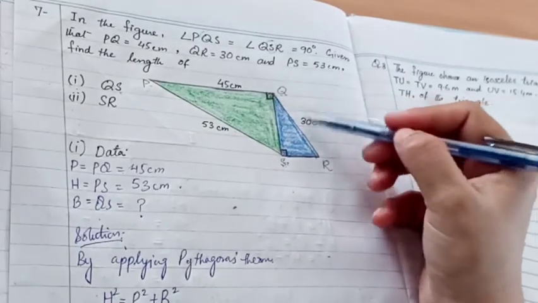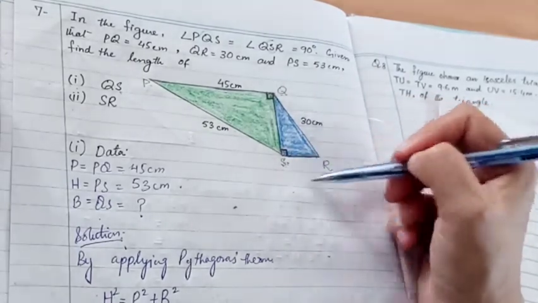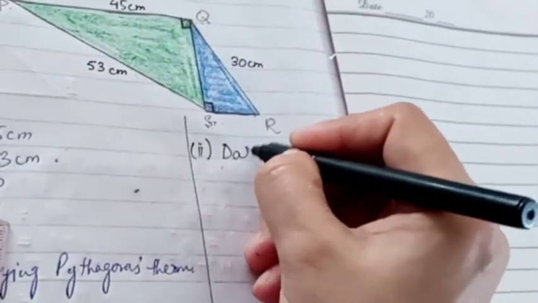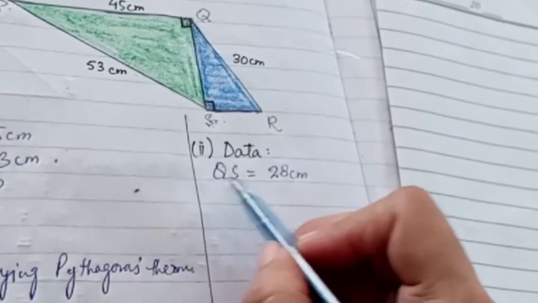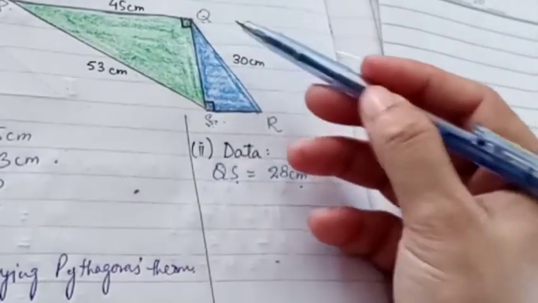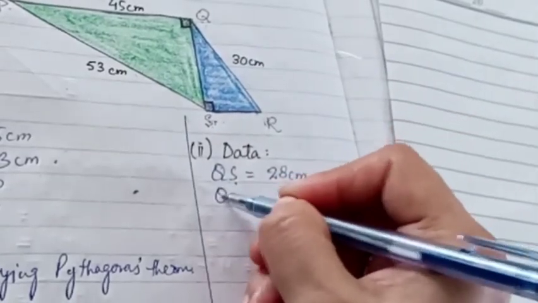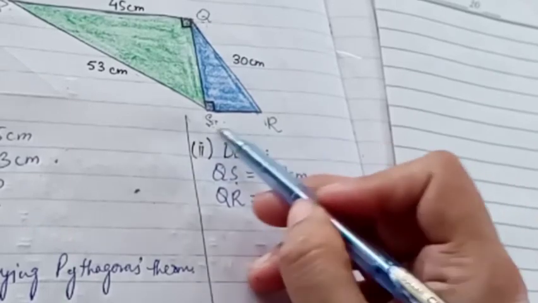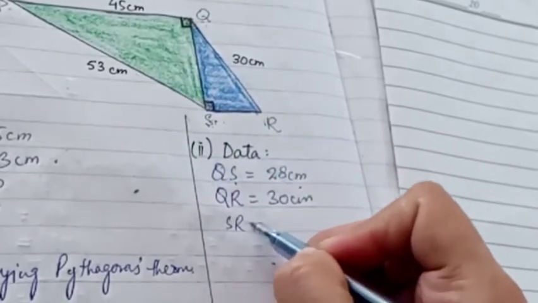QR is given as 30 centimeters. We have to find this SR. Making its data first: I have calculated this QS equals 28 centimeters, and QR is already given in the question, that is 30 centimeters. We have to calculate this SR this time.